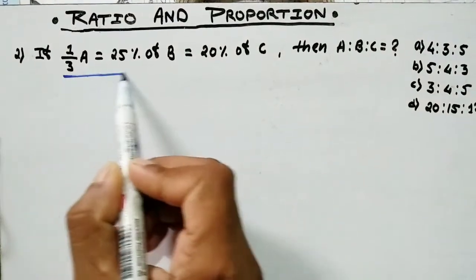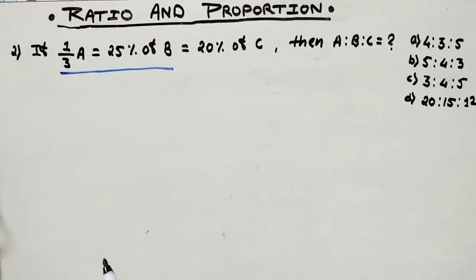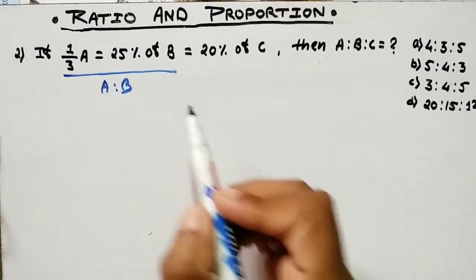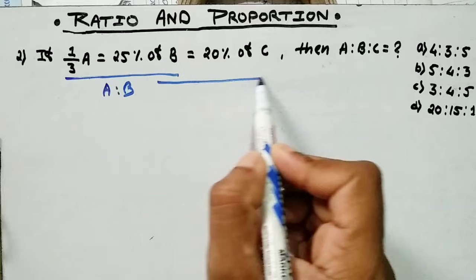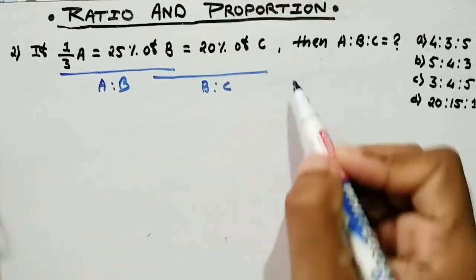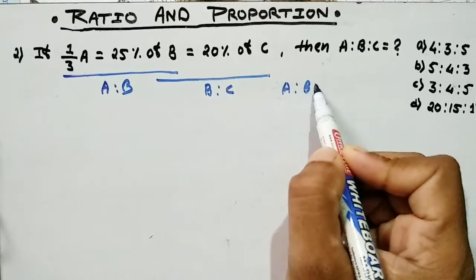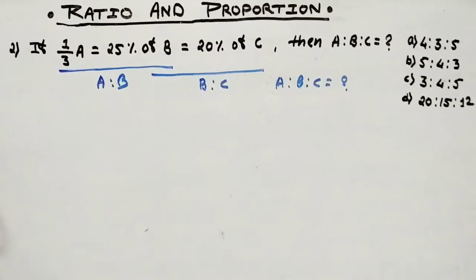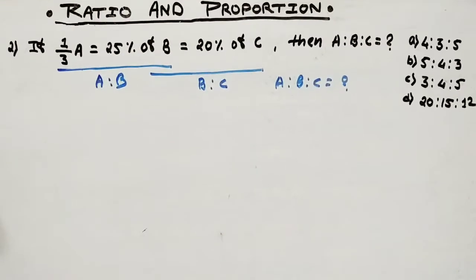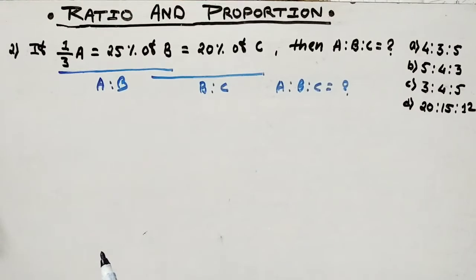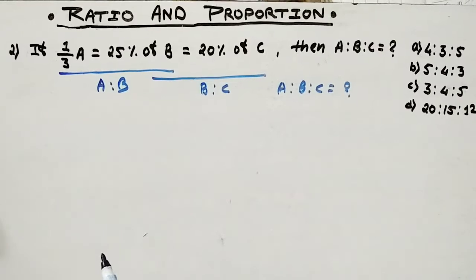Find out A is to B. Then the next two terms, find out B is to C, and then A is to B is to C. So this is the way where we will get our answer. So how will we solve?